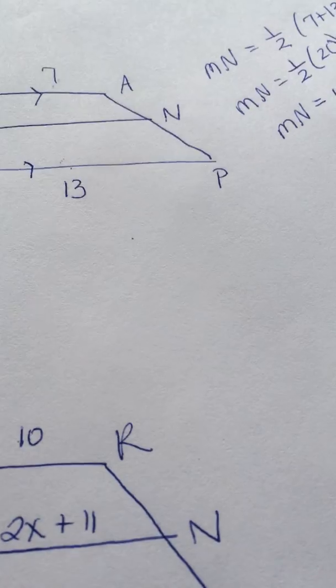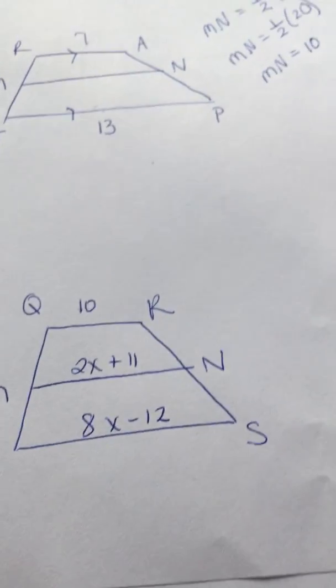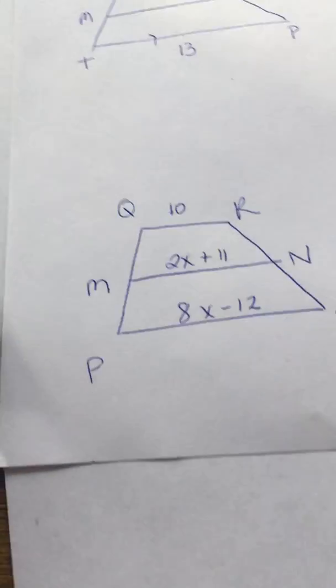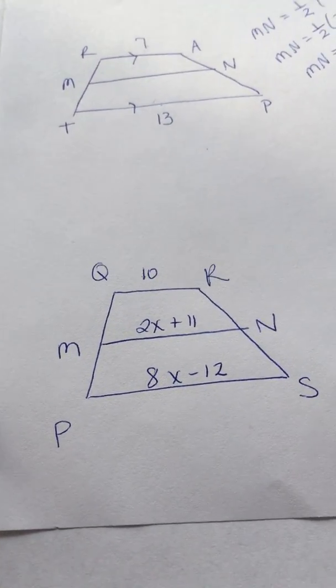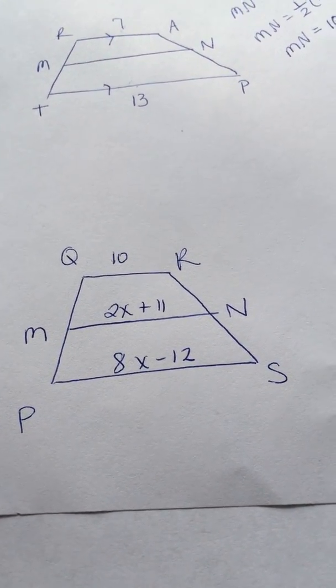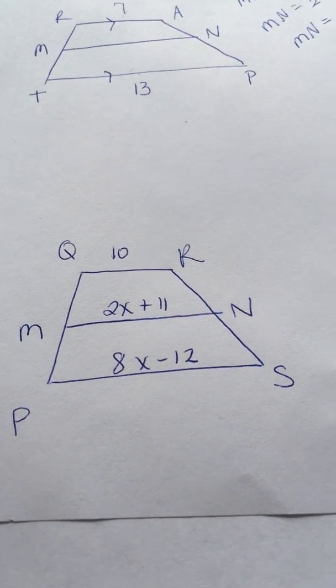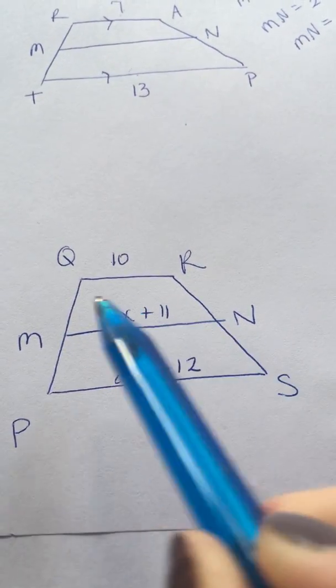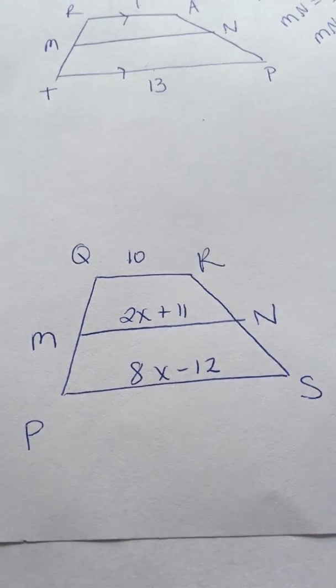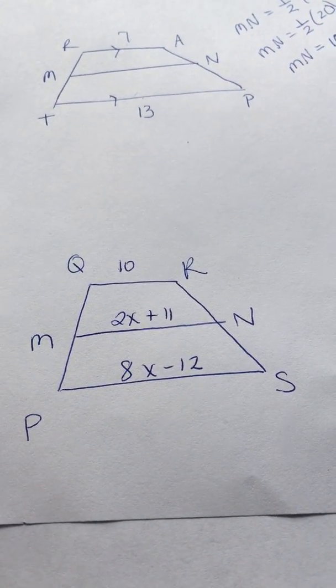But let's work the Got It. The Got It number 3 is on page 392, and I have it drawn out here for you. And they tell you that MN is a midsegment of trapezoid PQRS. So I know that this is a midsegment. It's not labeled in my picture, but they stated it in the problem, Got It number 3.